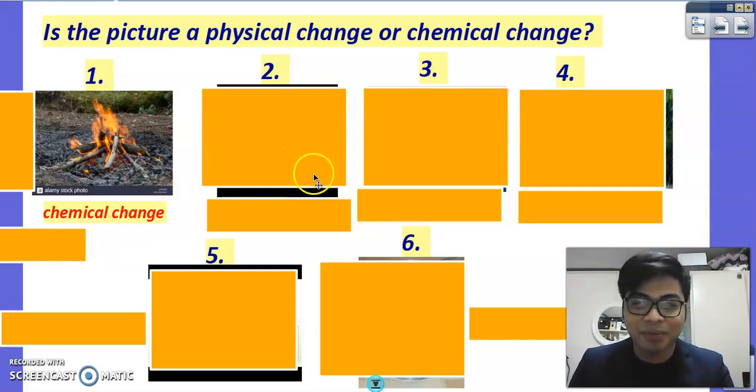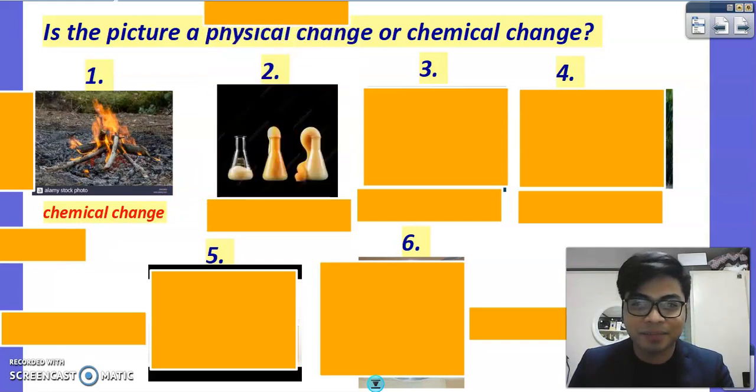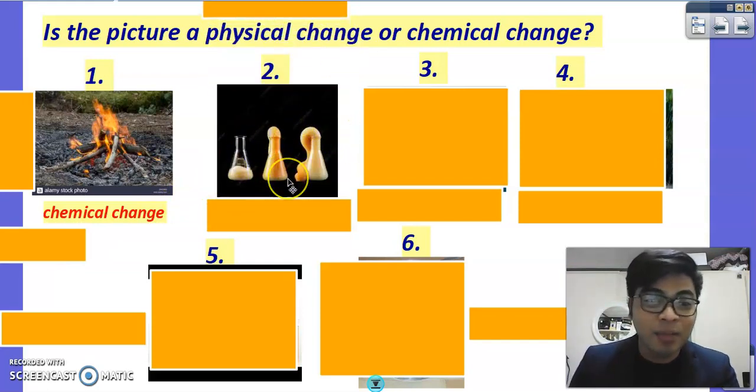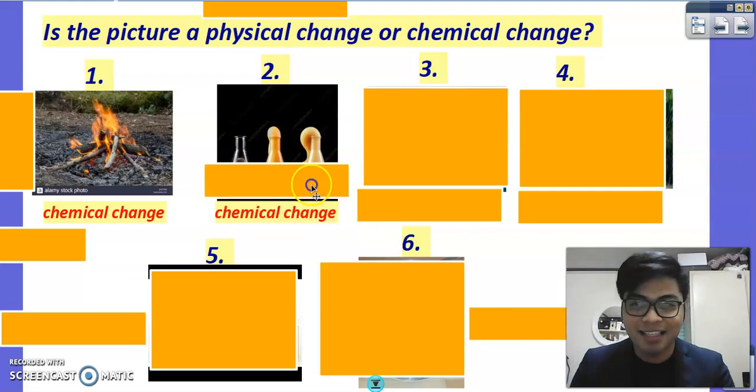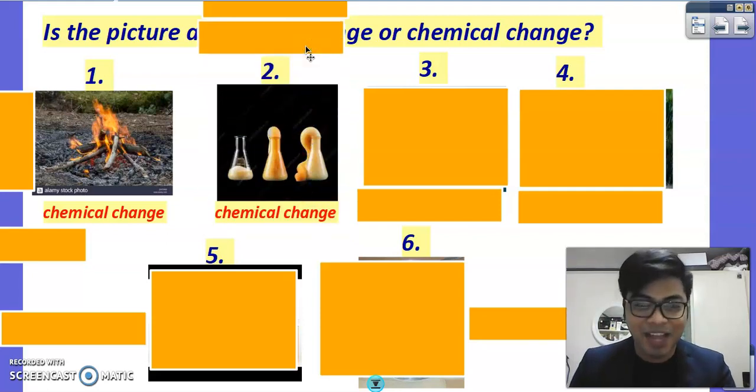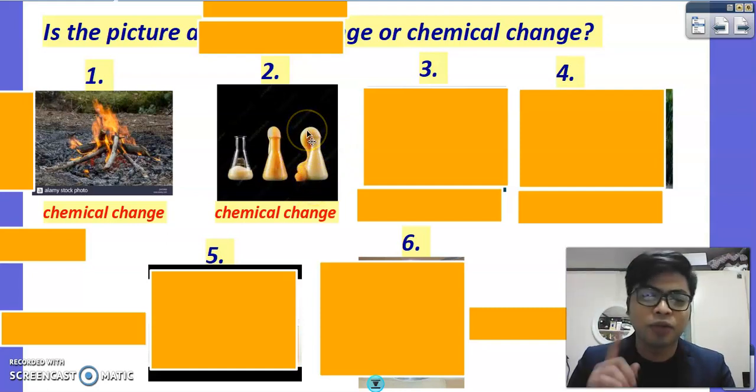Next, number 2. Look at the picture. This is what we did with the elephant toothpaste when we combined hydrogen peroxide in the laboratory and we formed that foam. Is this a physical or a chemical change? 1, 2, 3. The correct answer is it's a chemical change because we form a new product right over here. I want you to recall what is the name of that new product.